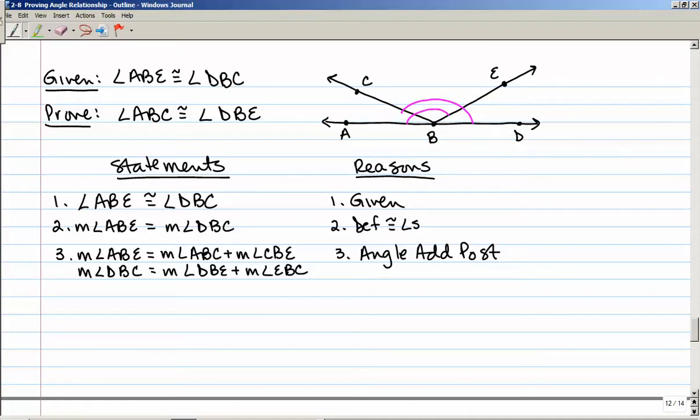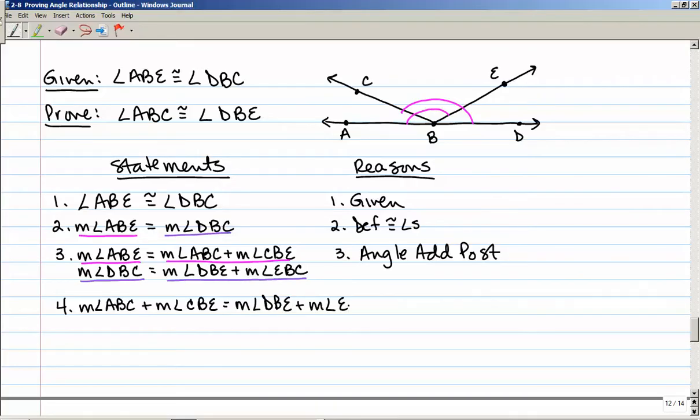Okay. Now, since ABE is equal to DBC, I can do some substitution. If pink is equal to purple, then this pink is equal to this purple. And the measure of angle ABC plus the measure of angle CBE, that's what I had in pink, is equal to the measure of angle DBE plus the measure of angle EBC.